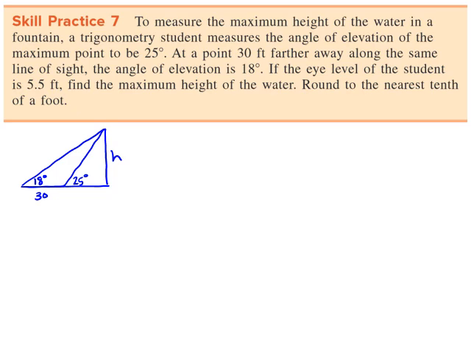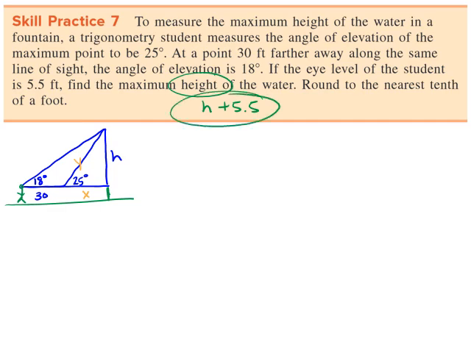So I'll solve this the same way as before. I'm going to call this x and this y. And the thing we'll have to consider is that this is eye level, so it won't be the full height of the water. So once I find h, I need to add 5.5 to get the final answer.